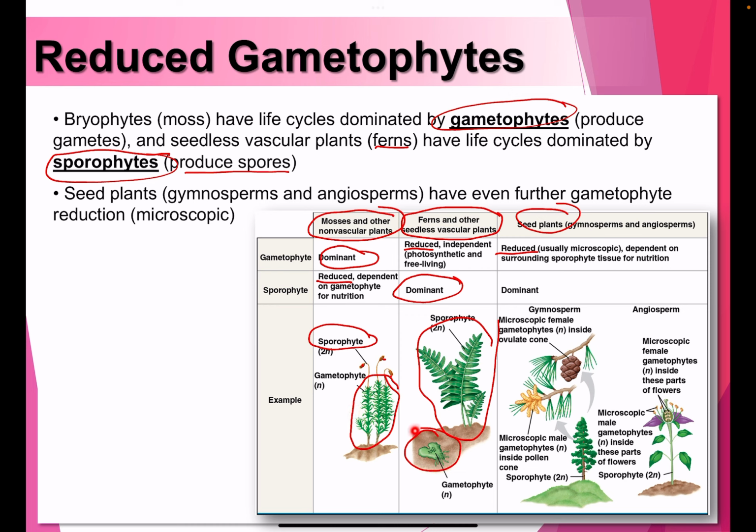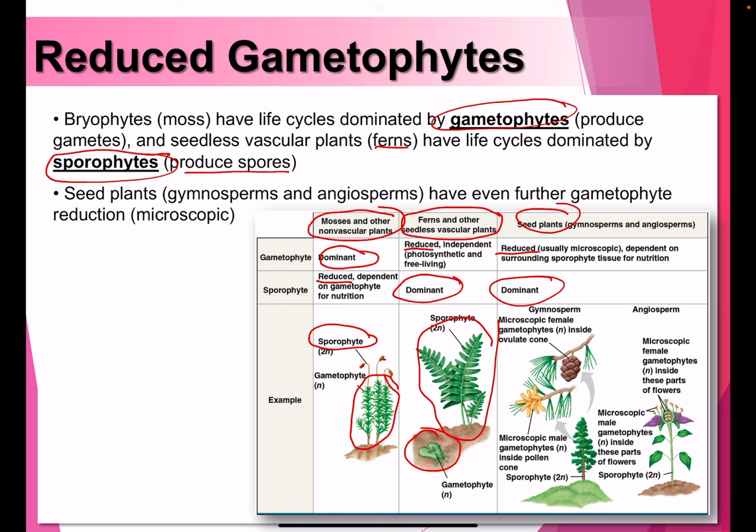Okay, so we look at the trend going across the three groups of plants from most ancient to most recent. I mean, we're talking about ancestors of them, from fossil records. These were the first plants to have evolved, and then on to your seedless vascular plants, and then your seed plants. So for seed plants, the sporophyte stage is dominant, just like your seedless vascular plants.